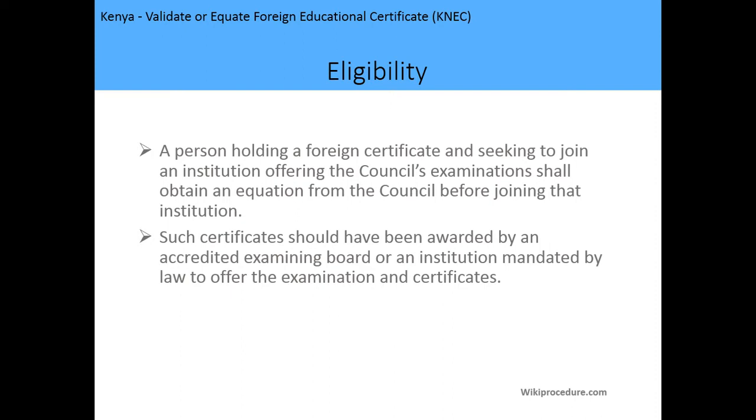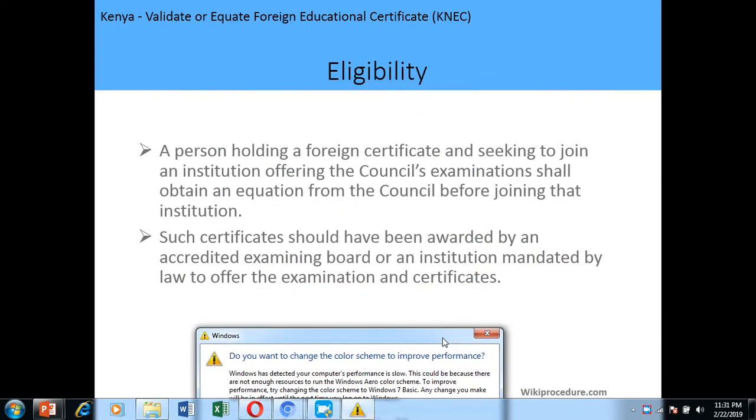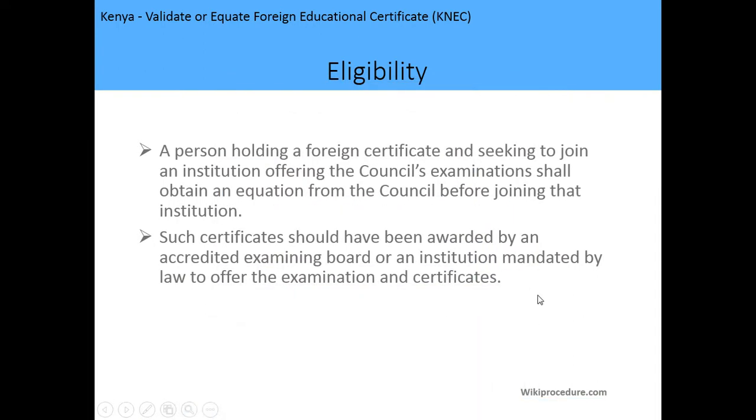And number two, the certificate should have been awarded by an accredited examination body or an institution mandated by law to offer the examination and certificate. So the certificate cannot be from an institution that isn't recognized or mandated by law. Otherwise, the council will not validate or equate such certificates.